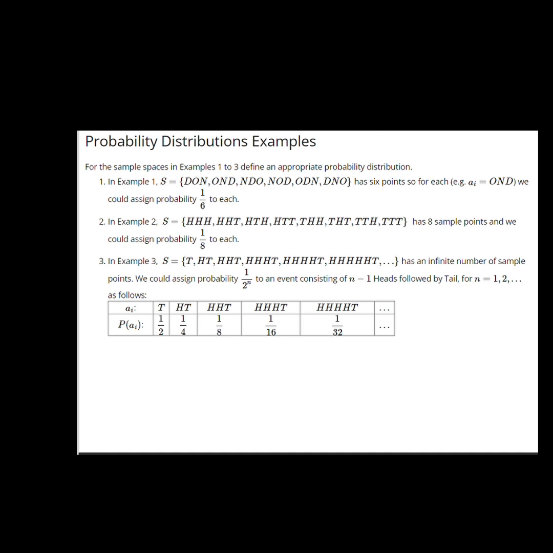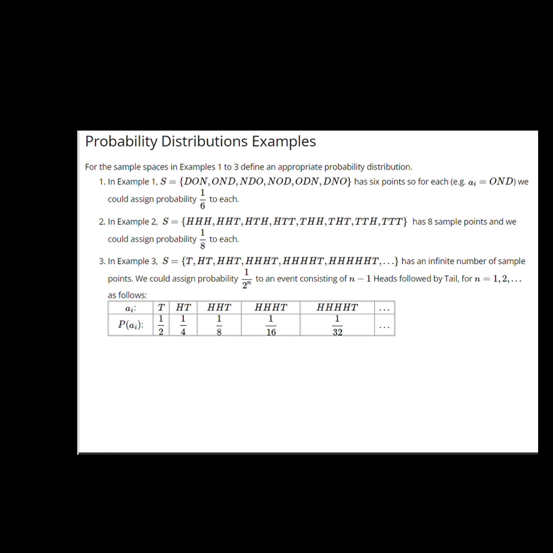In example 3, we had an infinite number of sample points. In this case, we tossed a coin repeatedly until we obtained 1 tails. We can't possibly assign, in this example, equal probability to every one of these infinite number of points. However, it makes sense, I believe, to assign probability 1/2 to the event tails on the first toss, 1/4 to the event heads followed by tails, 1/8 to the event heads, then tails, and so on.